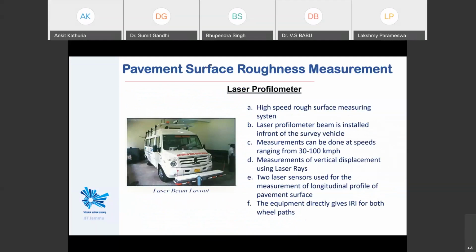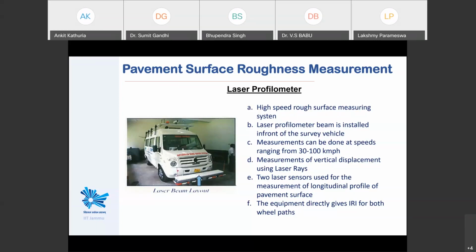Moving to the next equipment, which comes under functional evaluation of the flexible pavement, is the laser profilometer. Laser profilometer is a high-speed roughness measuring system, because the speed can range from 30 to 100 kmph, unlike the bump integrator where the speed was limited to 32 plus or minus 1 km per hour.